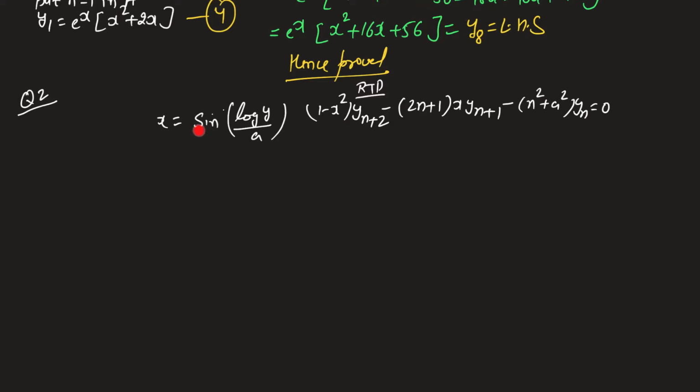Now, this sine will go over here, it will make sine inverse x equal to log y by a. So it is equivalent to applying the sine inverse function on both sides. This will cancel out and become identity. So this a will go over there.